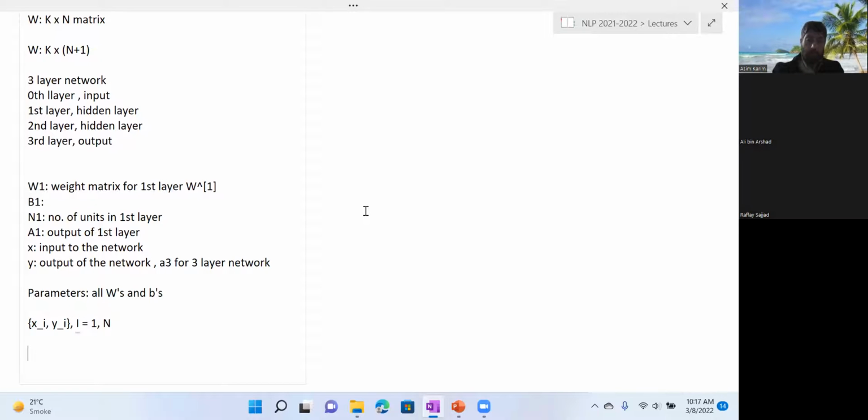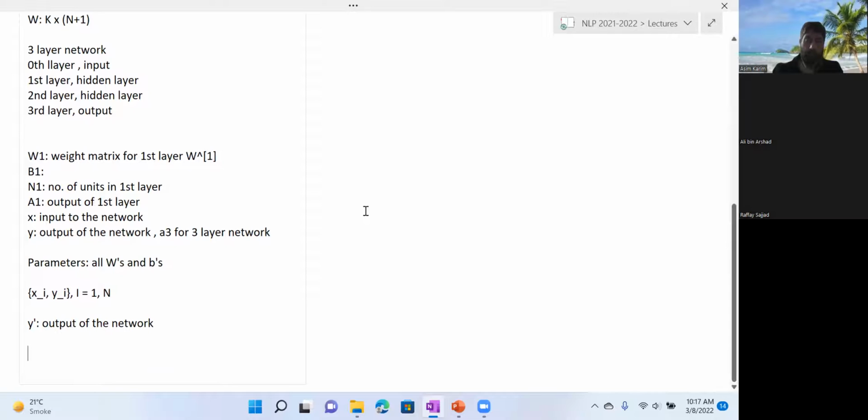Okay. So of course you have this training data, and just to distinguish, y is the true value that I've written here. The output of the network I can call y prime. So the output of the network is y prime for any given x.